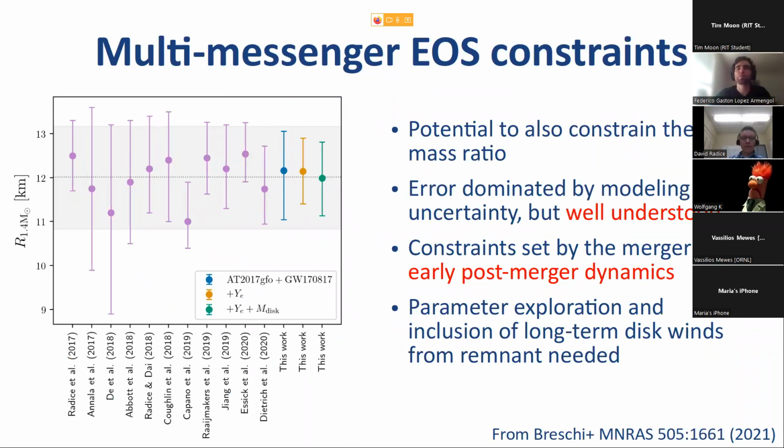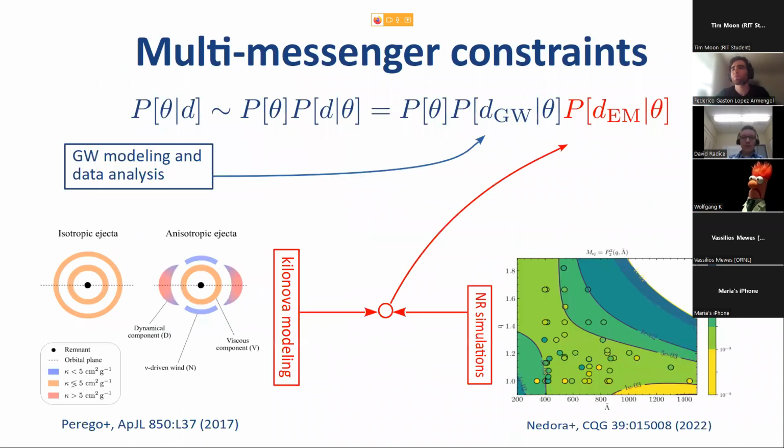Yeah, perhaps then I can use this slide. In this procedure where we have tried to constrain the equation of state using kilonova data, we are mapping ejecta and disk properties that we find in simulations to the tidal deformability and also the mass ratio, and then using this as input when we compute the likelihood.